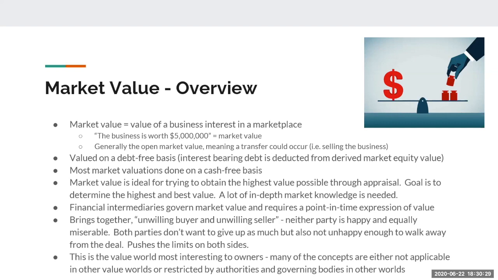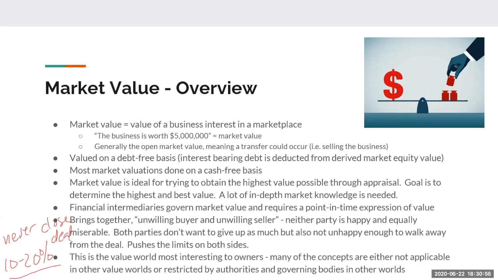Financial intermediaries govern market value and require a point-in-time expression of value. Again, when we talk about market value, it is bringing together an unwilling buyer and an unwilling seller. I thought this was a pretty funny explanation, but basically neither party is necessarily happy. They're both equally miserable, because the seller is going to want more and the buyer is going to want to pay less.